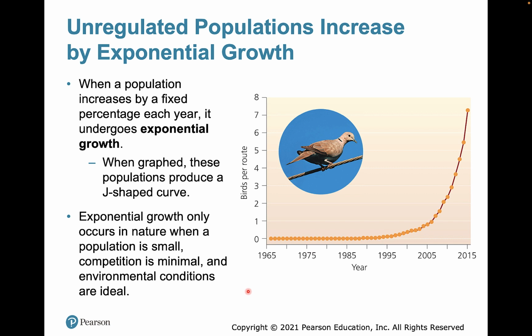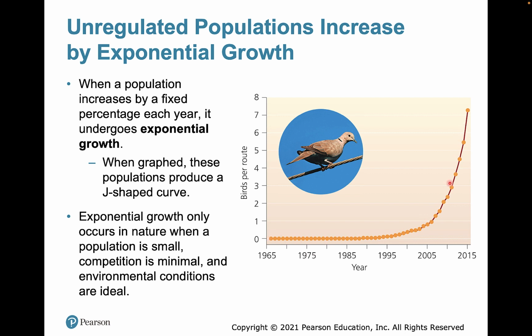So populations can either be regulated or unregulated. If a population is unregulated, it grows through something called exponential growth, where the population increases by a fixed percentage every year. So it's 10% every year. All right. When you graph that, it becomes a J-shaped curve.